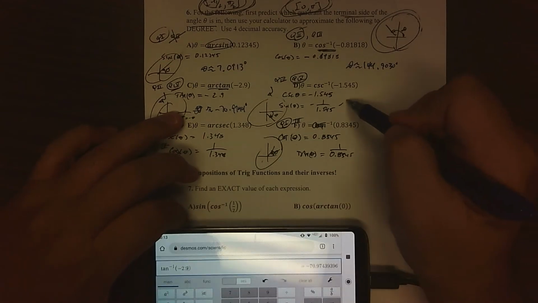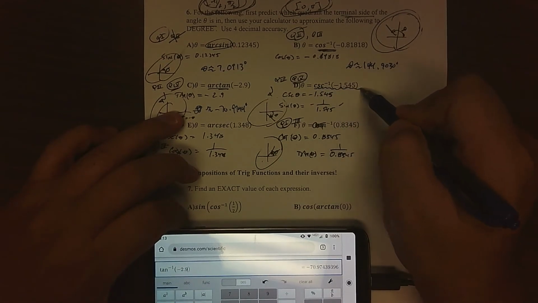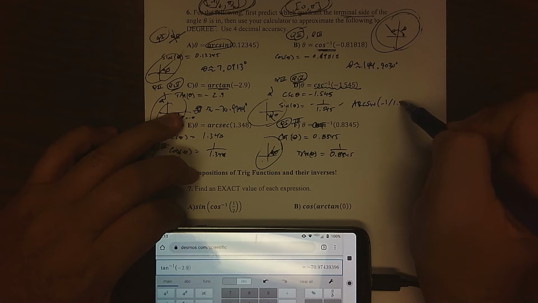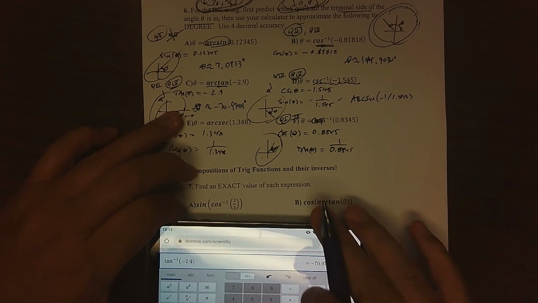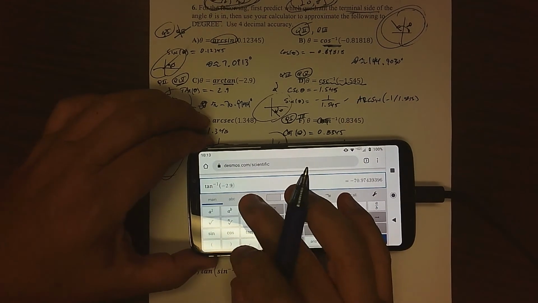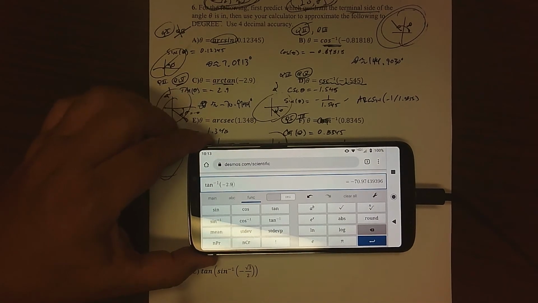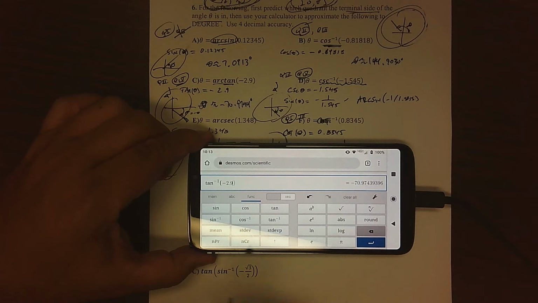To finish this one off, if you don't have the arc cosecant on your calculator, I would just use the arc sine of negative 1 over 1.545. I'm going to have to do that on my Desmos, because if you go to my functions, I don't have the arc cosecant or the arc secant or the arc tangent. At least I don't see them.